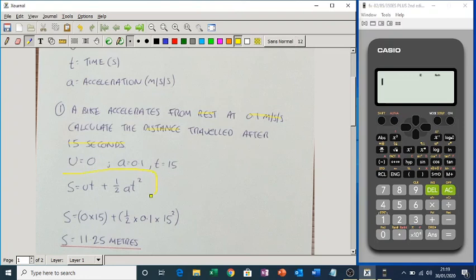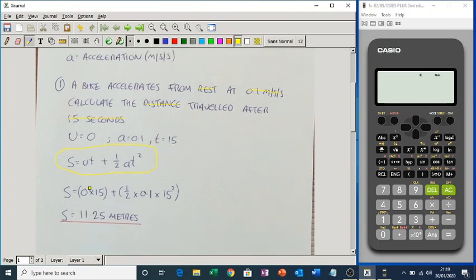We've got to find the distance, we'll use that formula there. S equals ut plus a half at squared. Put it in, obviously u is 0, t is 15, a is 0.1, and t is 15. 0 times 15 in my book is 0, so we can get rid of that.